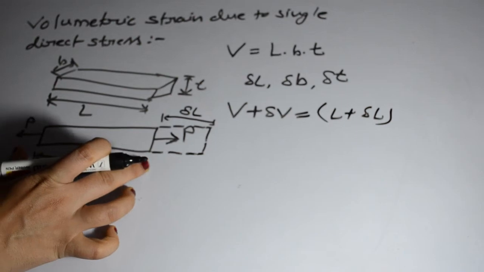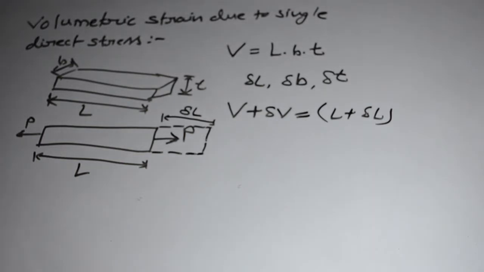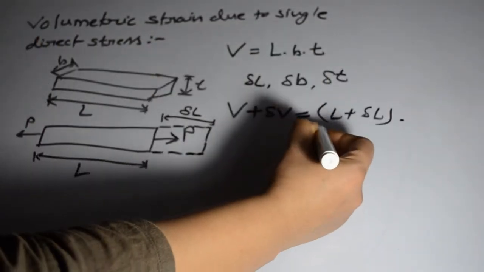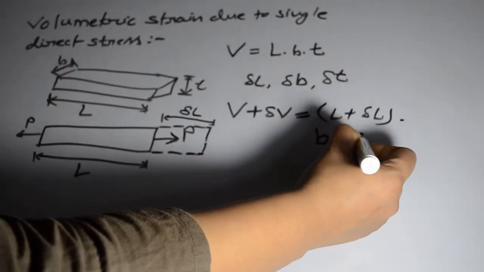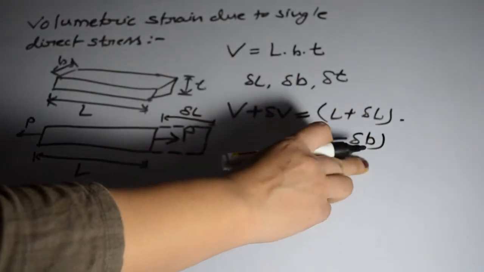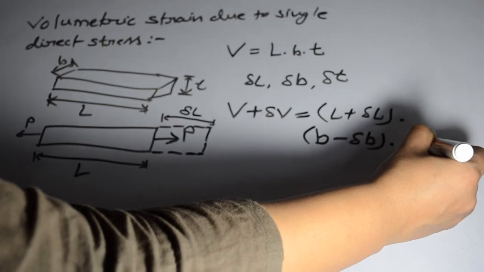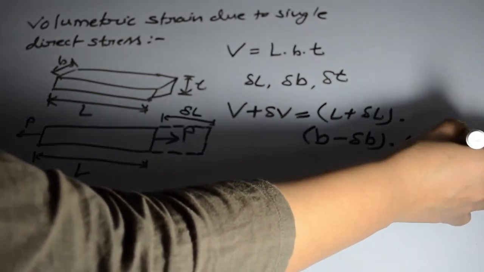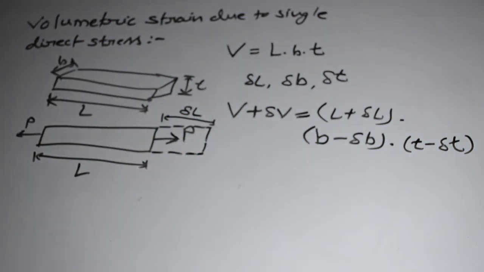Because the original length of the bar is L, and if we apply force, its length is increasing. So L plus delta L, but the width is decreasing. The original width of the bar is B, so the final width of this bar will be B minus delta B, into thickness, which is also decreasing, so it is T minus delta T. So this is the final volume of this rectangular bar.